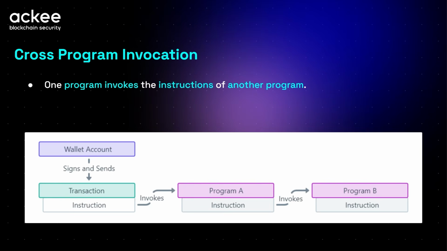Based on the instruction, it calls the desired functionality in program A. But what can also be done is that the logic specified in program A calls another program, program B, and some instruction from program B. So this is the basic idea. As you would send the transaction from the off-chain part to the network in order to invoke program A, you can do something similar within program A to invoke logic from program B.